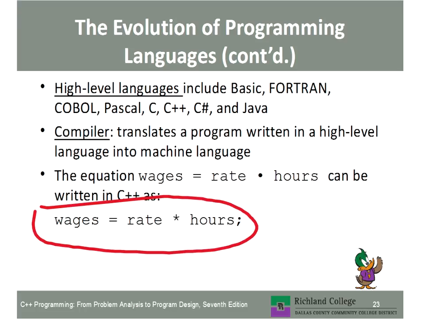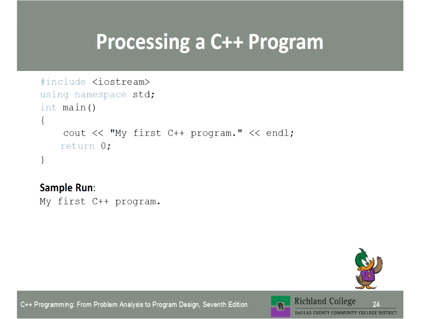So as far as programming is concerned, it's going to be much easier. You don't have to be in that ugly environment when you say move AX and AL and AH, and it just doesn't make sense. To us, it's just going to be wages equals rate times hours. So the higher level programming languages make it easier for humans to program.